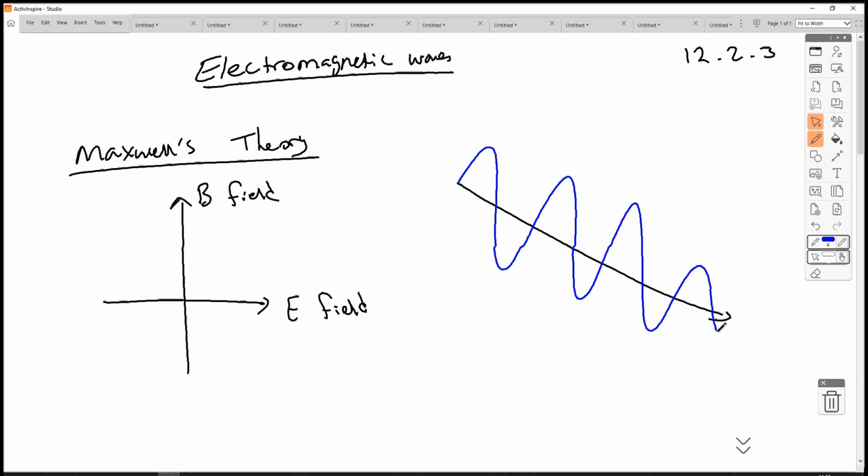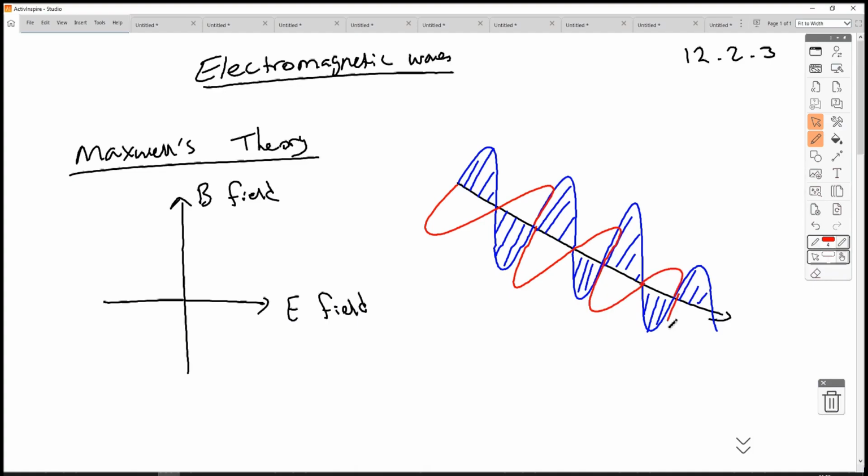So if that's our B field, then our E field in a different color will be oscillating perpendicular to that. They are, yes, they're in the X and the Y.